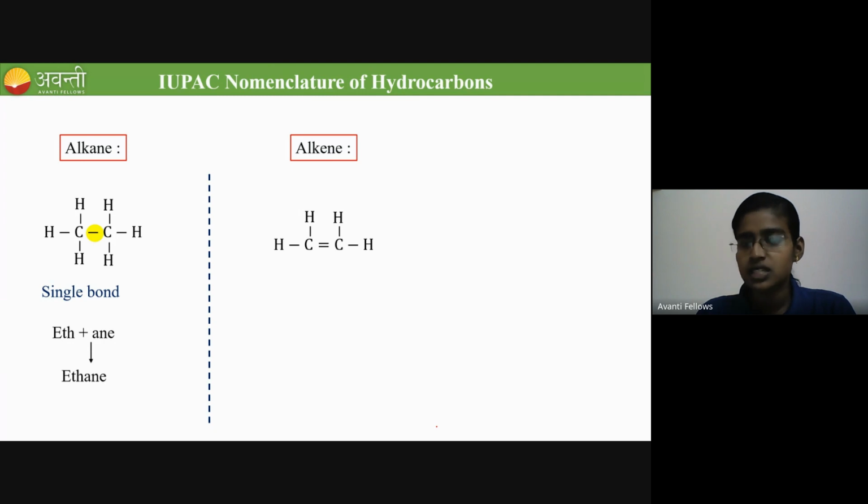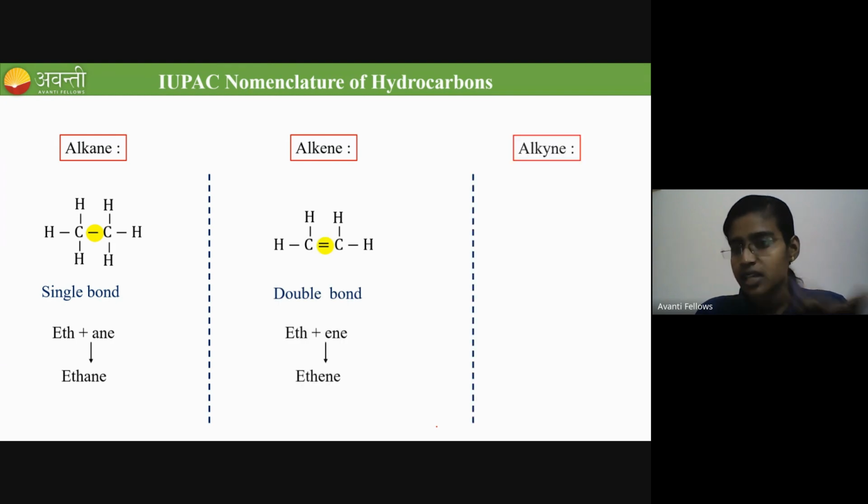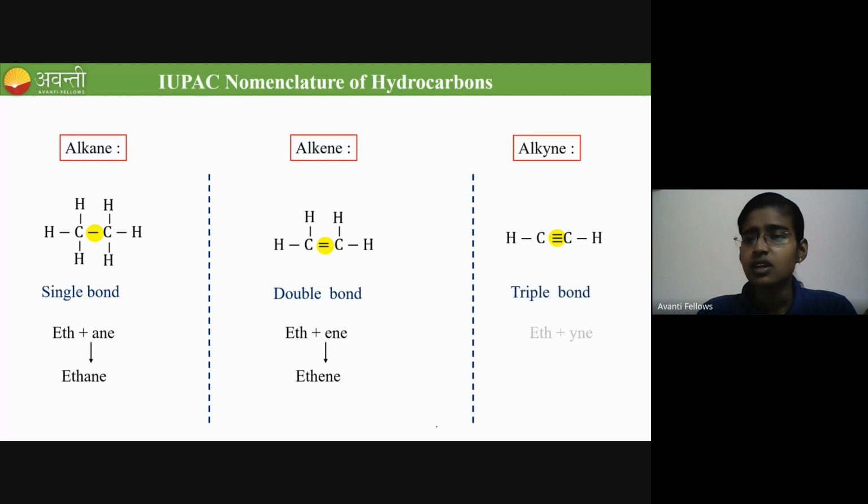Yes, Rujana, it is ethene. And since it has carbon-carbon double bond, it is ethene. And coming to alkyne, who are alkynes? Triple bonded system, right? If a system has carbon-carbon triple bond in it, then it is called as ethyne. Very good. It is ethyne.